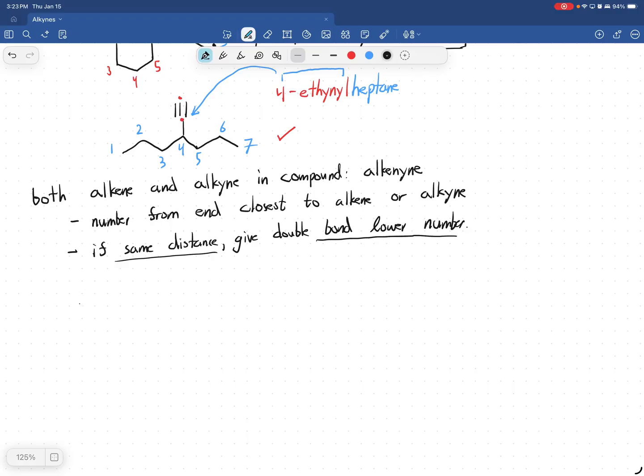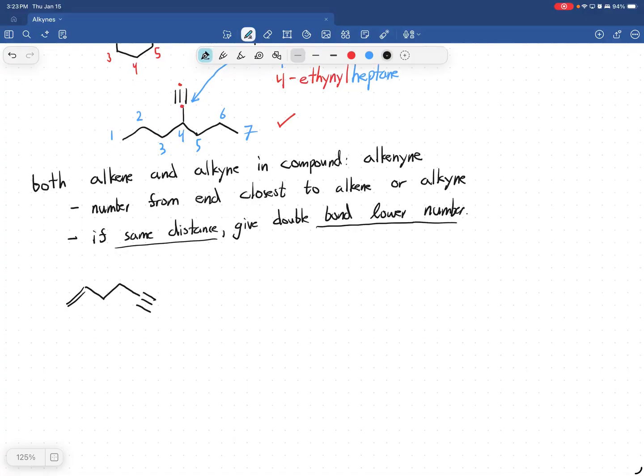So let's do an example here. All right, so this one. No matter which end we start from, either the alkyne or the alkene will have what number? 1. So in this case, you want to number it from the alkene portion.